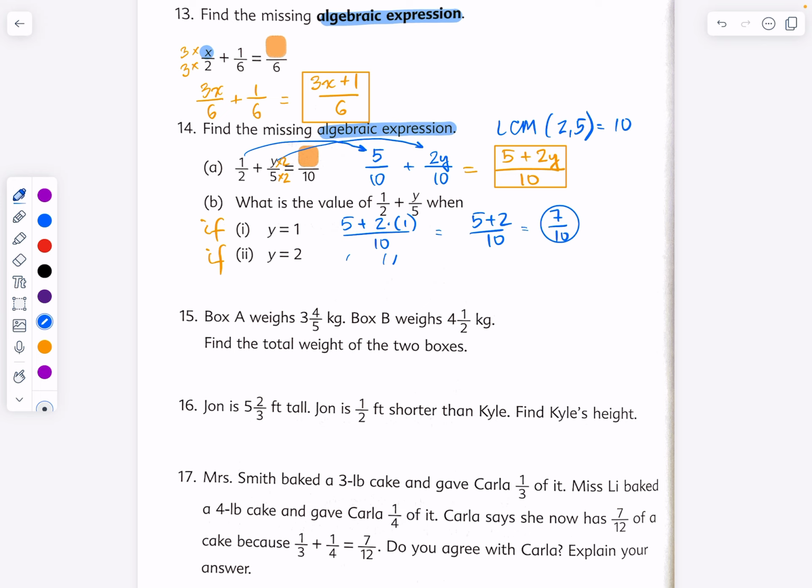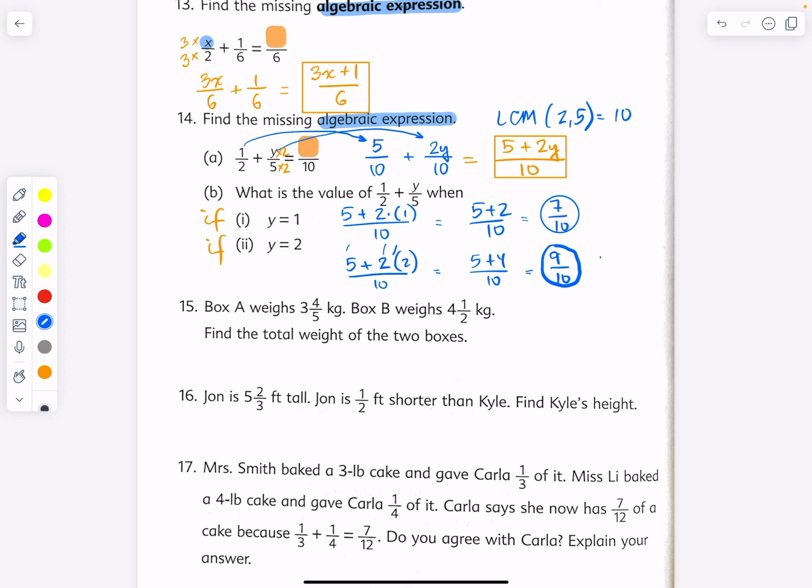And if y equals 2, 5 plus 2 times 2 over 10 equals 5 plus 4 over 10 equals 9 out of 10. That's the value of the expression when y equals 2. I hope this helps.